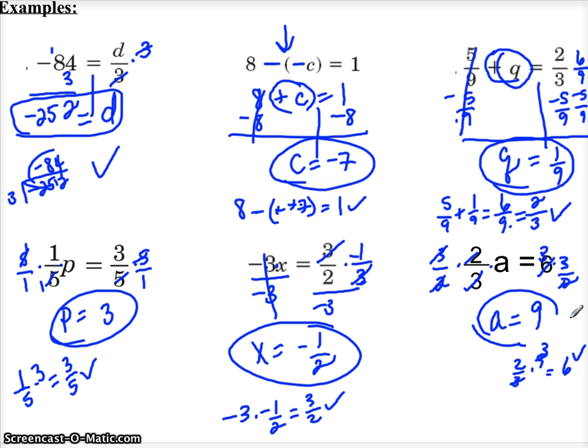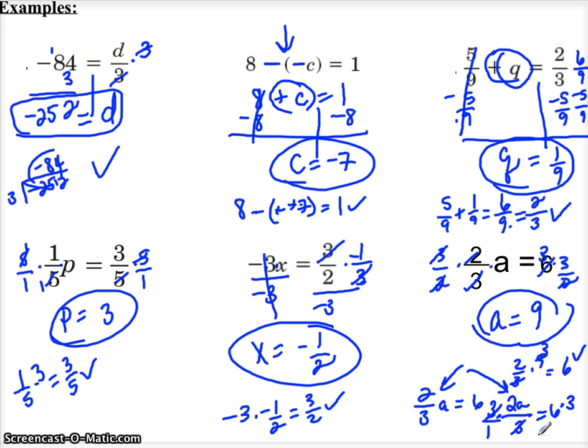Now, one more way you can think about it, I'm going to look at that problem one more time. Here, you can look at it as 2a all divided by 3 equals 6, because these mean the same thing. So you could actually multiply by 3 first. Anytime you have a denominator, you can multiply by that denominator to get rid of it.